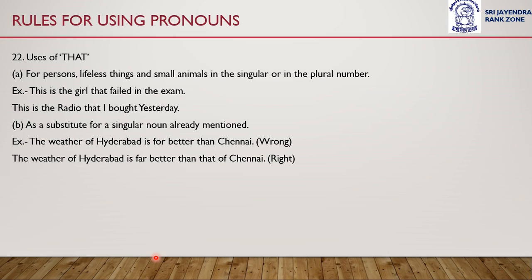So in these two examples, that is used for persons and lifeless things in singular form. Alright. Another case when that is used is as a substitute for a singular noun already mentioned. For example, the weather of Hyderabad is far better than Chennai.